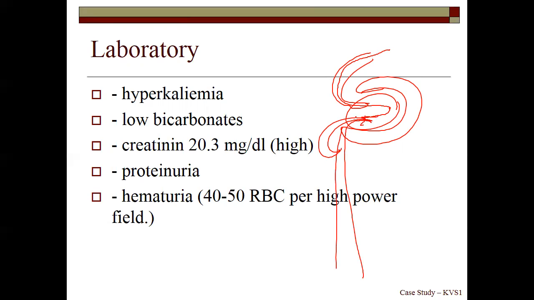Protein is supposed to stay in the vascular system. When we have protein crossing through the glomerular filtration system, it indicates we have a problem with the podocytes in the glomerulus. So that means there's damage to the glomerulus.